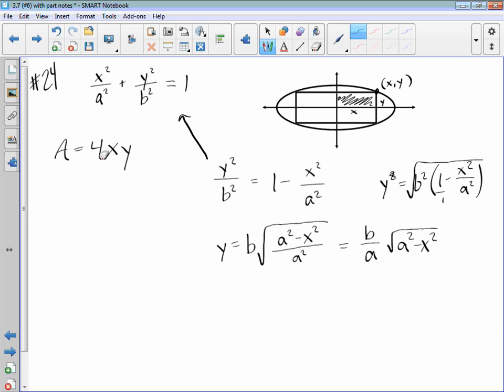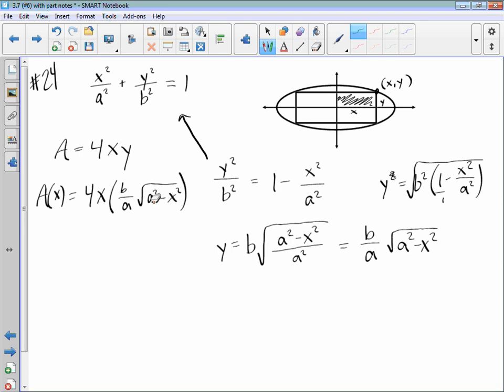So now my primary equation is going to be the area in terms of x equals 4x, and then my y is going to be this. And remember, all your a's and b's are constants here when we're doing this. Questions there?